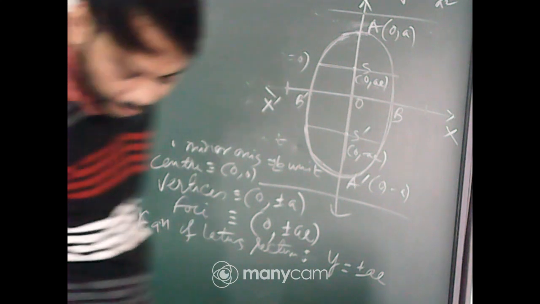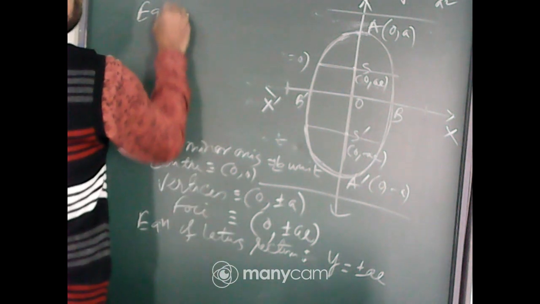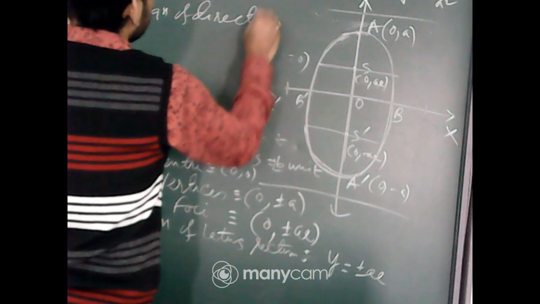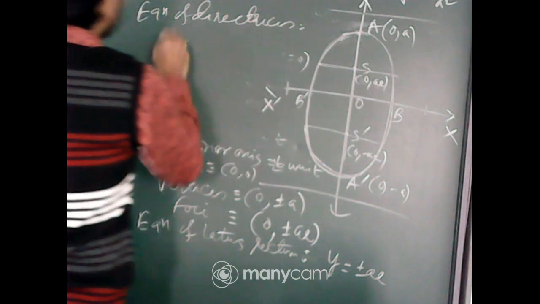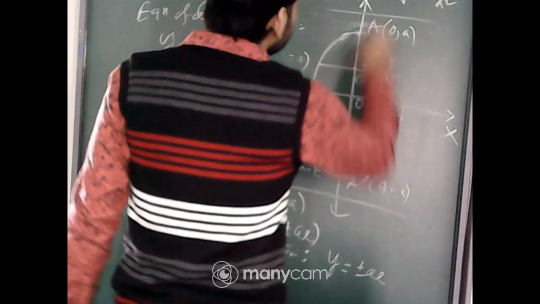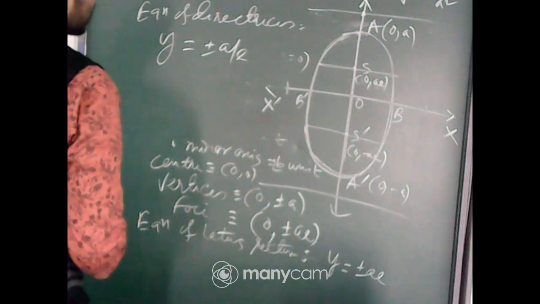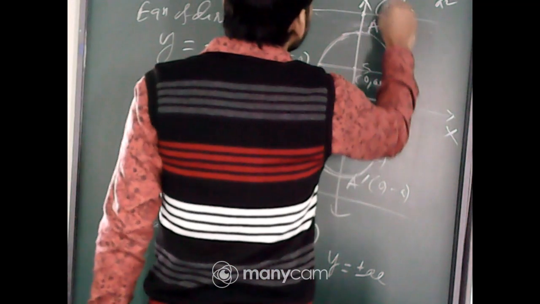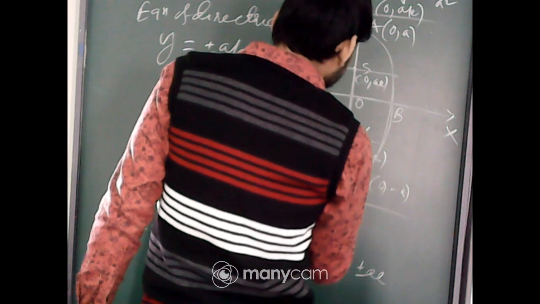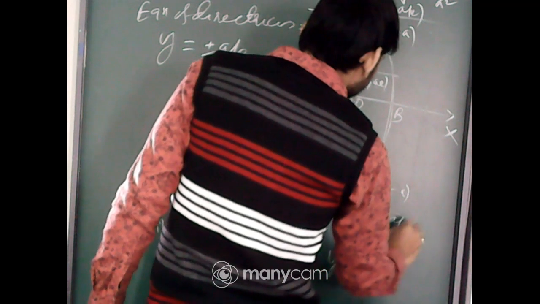One or two things remain, that is the equation of directrix or directrices, that is again y equals to plus minus a by e, because the point of intersection of axis and the directrix is 0 comma a by e, and here 0 comma minus a by e.